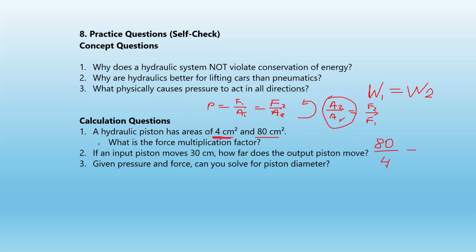And that gives us 20. Because it's centimeters squared over centimeters squared, these are going to cancel out, so the multiplier is unitless. It doesn't have a unit. So the multiplication factor here is 20.